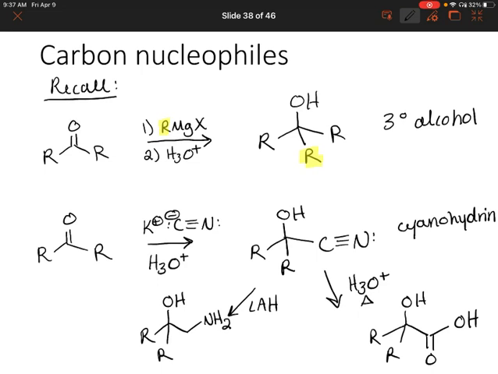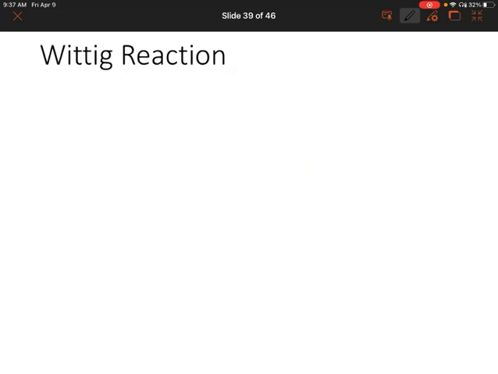Now, in our last example, we're going to talk about something called the Wittig reaction. And this also uses a carbon nucleophile, but it's a little bit different than what we're used to. So in this reaction, you start with a ketone or an aldehyde. Either one works.